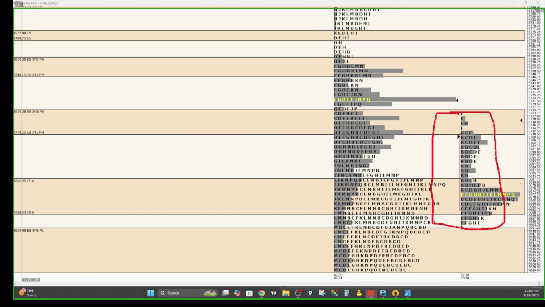These levels, which are these orange levels, are known as HVAs, high volume areas. Every single one of these edges is a signal call.